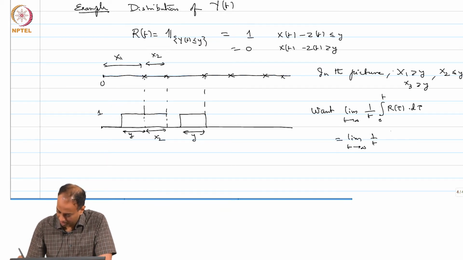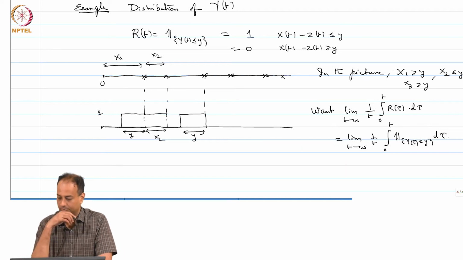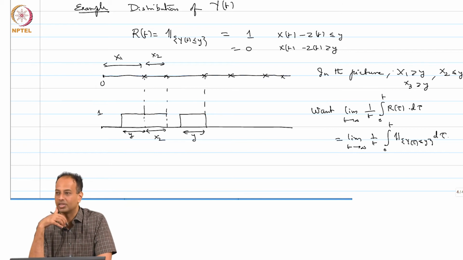This is what I want: integral 0 to t of the indicator of Y(tau) less than or equal to y, d tau. And this is the reward function in question.